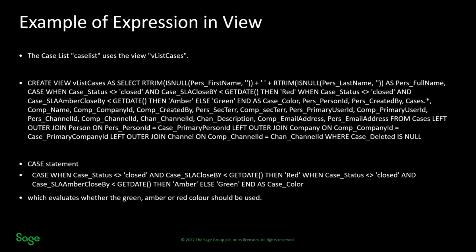When the case status does not equal closed and the SLA amber closed by date is less than the getdate, then it's amber, else green, and it's declaring this as a new column, case_color. So that's evaluating color as being either red, green, or amber.